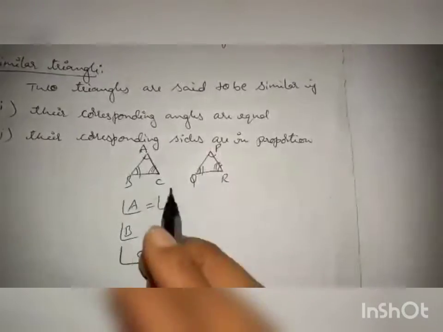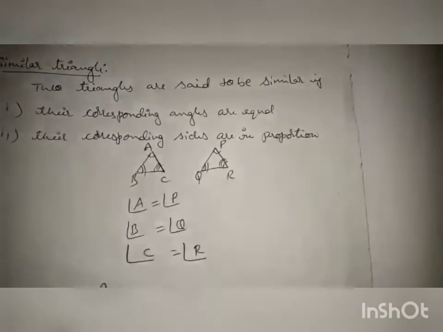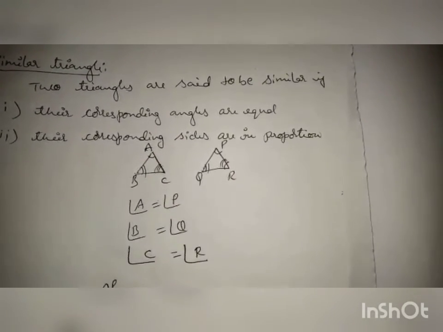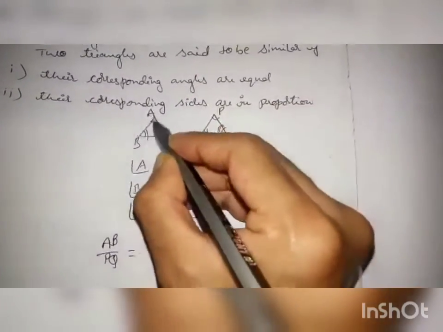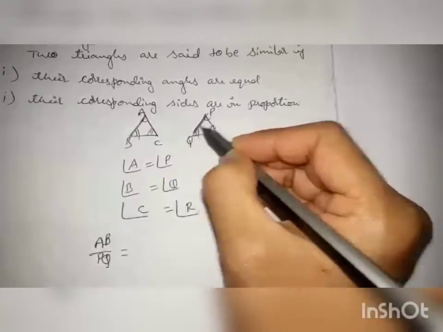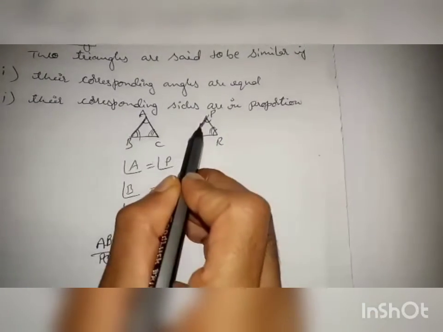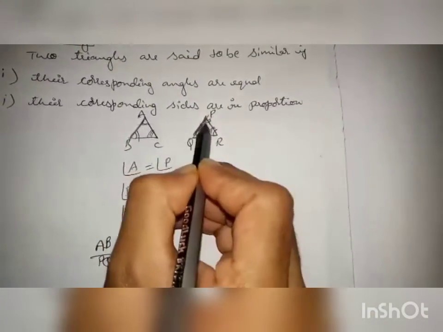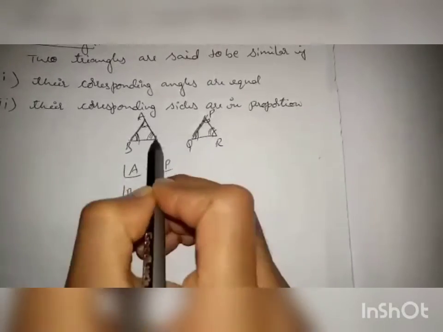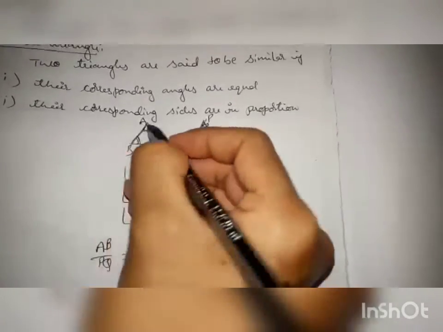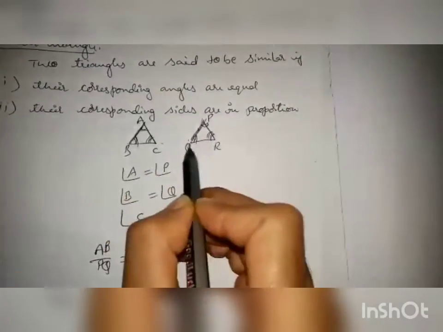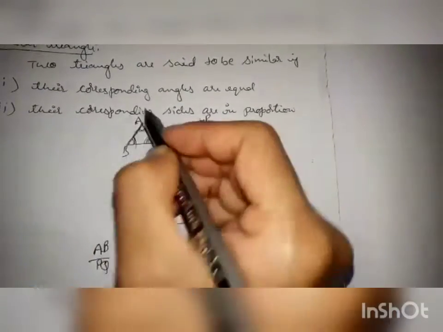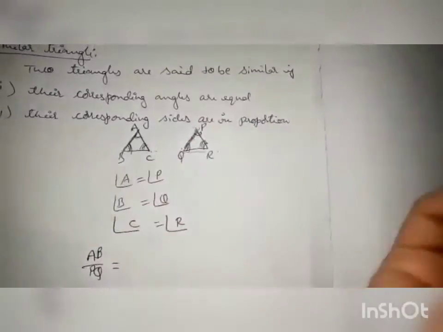So AB by PQ, see this part, AB by PQ. These are called corresponding sides, right? See, this and this are corresponding angles, this and this. Same way corresponding sides are which? AB, PQ. Then BC, QR. Then AC, PR. So corresponding sides are in proportion.